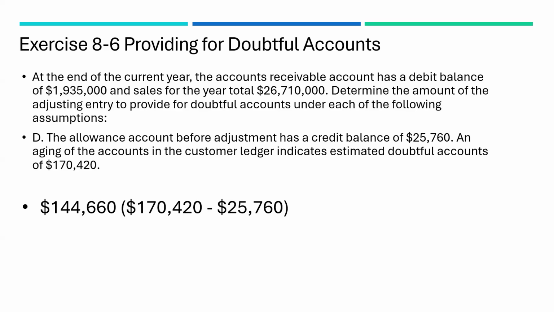Then the difference is what needs to be our adjusting entry. So that'd be 144,660. That's what needs to be our adjustment that's made at the end of the period to bring our estimate to the correct amount. And the entry would be a debit to bad debt expense and then a credit to the allowance for doubtful accounts.